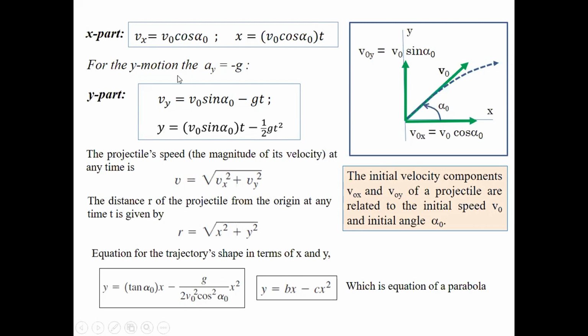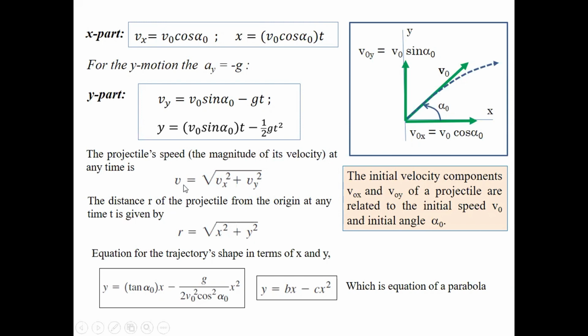So these two equations are now telling me the velocity and the displacement components in the x direction, and the velocity and displacement components along the y direction. I can find out the magnitude of the velocity vector and the magnitude of the distance r of the projectile from the origin, and that's what I can write down here.